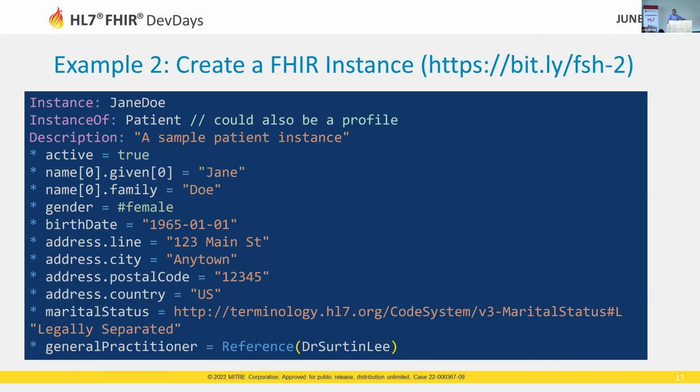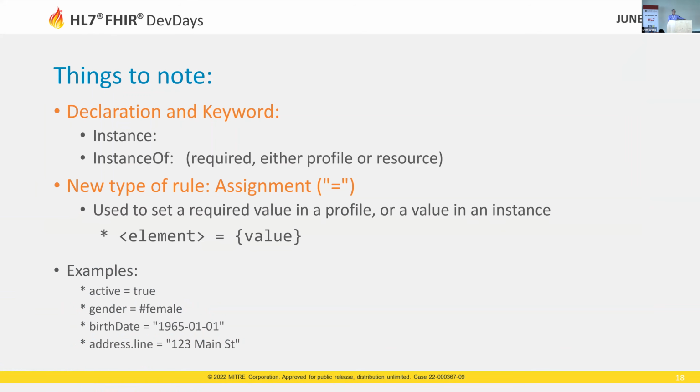The gender is female. The birth date, and so on and so forth, down through the address and the marital status, and the GP is referenced to a specific practitioner. So this is interesting because it has some different things. The declaration and the keyword in this case, instead of profile and parent, is instance and instance of.